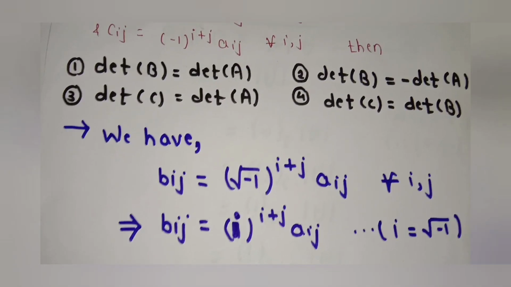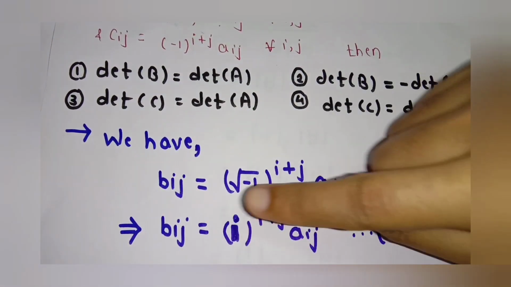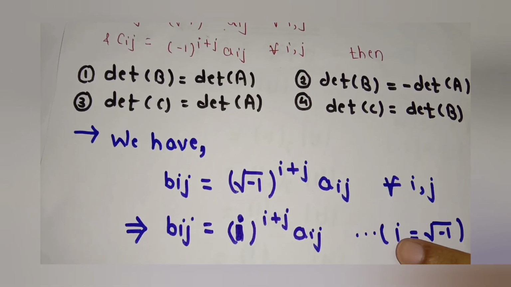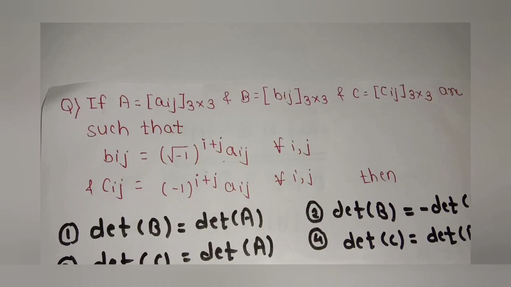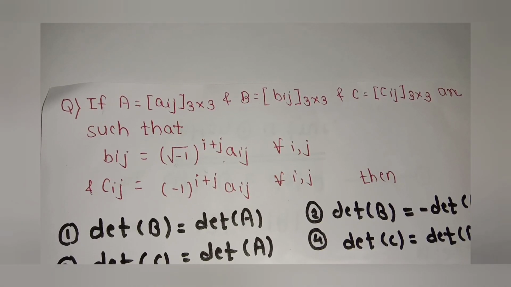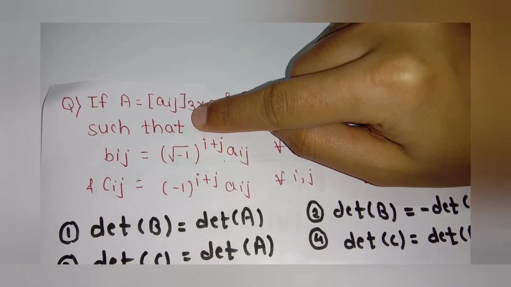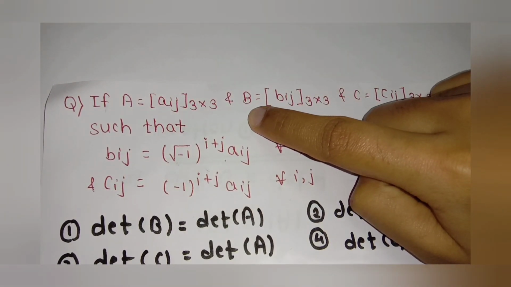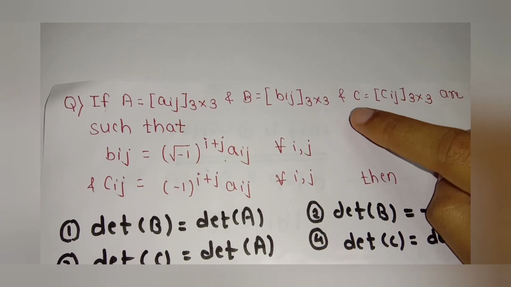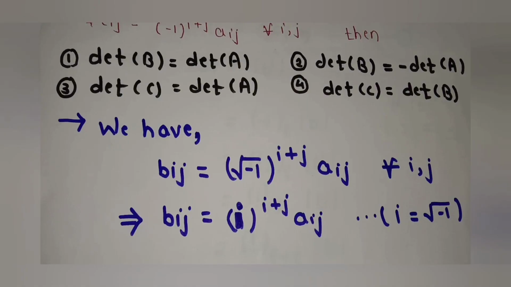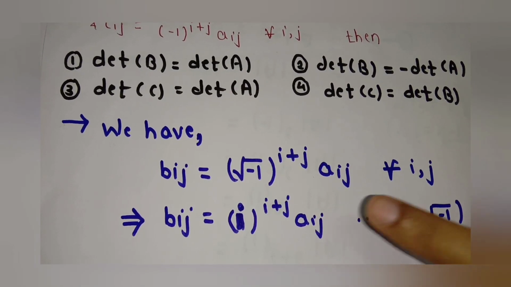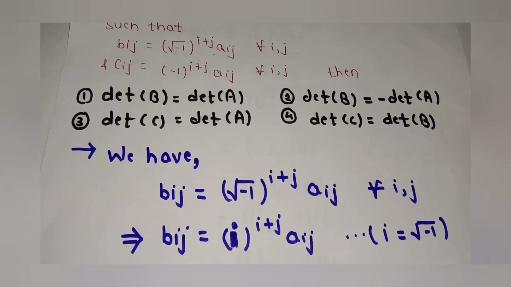Therefore our condition becomes Bij is equal to i raised to i plus j into Aij for all i, j. In the question we already have Aij as our matrix A, Bij as our matrix B and Cij as our matrix C. Therefore we convert this condition into matrix form.